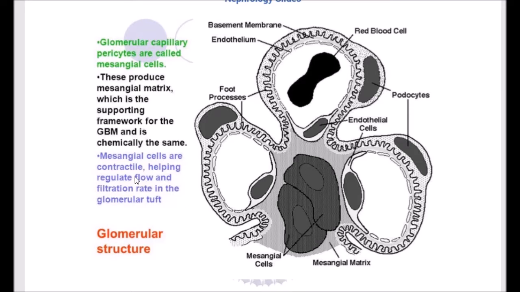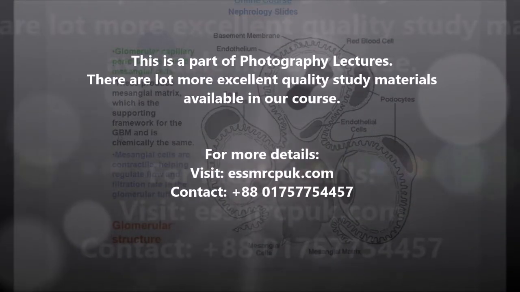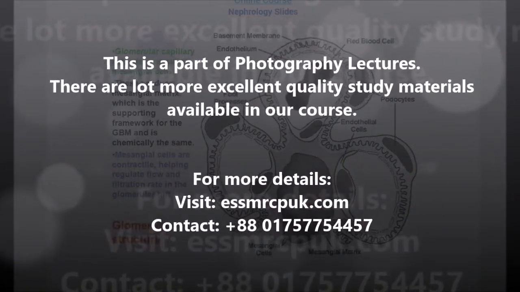Mesangial cells are contractile, helping regulate flow and filtration rate in the glomerular tuft. So this is the glomerular structure once again. Yes, the mesangial cells are pericytes, with macrophage-like action, and they also play a role in the glomerular filtration rate.